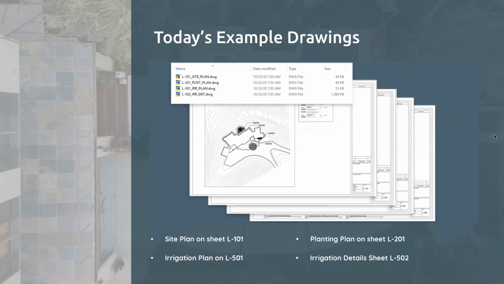So for this example today, I'm going to have a site plan on sheet L-101, irrigation on L-501, planting on L-201, and details on L-502. And obviously that'll be a little more clear once I actually go in and set those up.